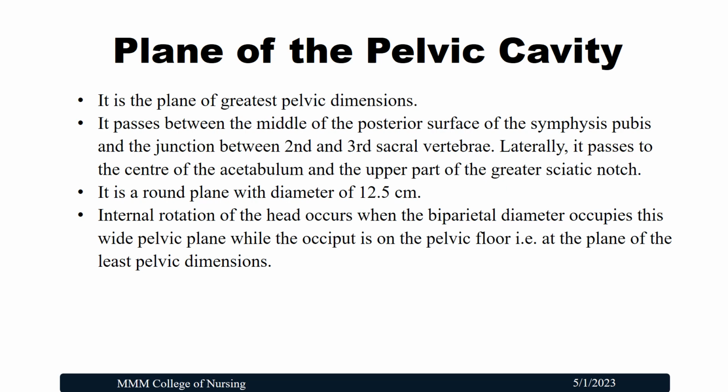In the mechanism of labor, we have the step called internal rotation, which takes place after the engagement and descent, when the biparietal diameter occupies this wide pelvic plane while the occiput is on the pelvic floor. That is nothing but the head passing into the pelvis, where you can find this internal rotation takes place in the pelvic plane.